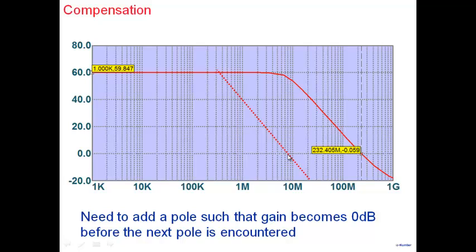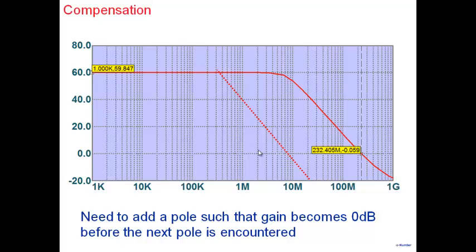Now, suppose this gives you a phase margin of, I'm just throwing out a number, 45 degrees. You're not happy with a 45 degree phase margin. You want 75. So what do you have to do? You have to take this pole and push it to an even lower frequency. If you push it to an even lower frequency, then it will intersect somewhere here, and when it intersects at a lower frequency, you'll find the phase margin will increase.